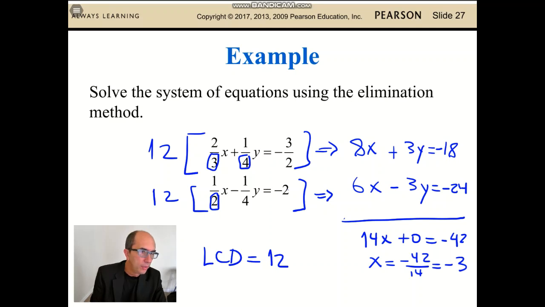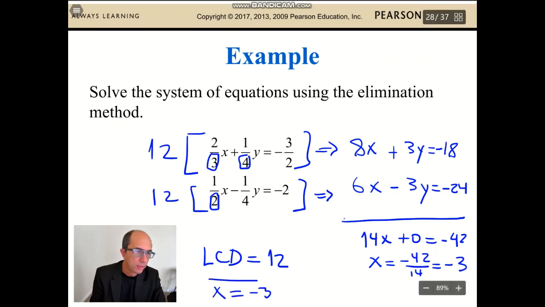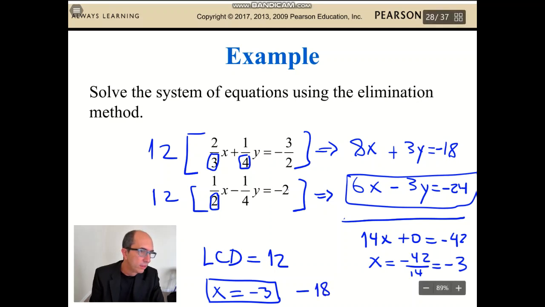And now you can plug in this value that you found, x equals -3, into any of the equations, first one or second one. Let's plug into the second. 6 times -3, -18, minus 3y equals -24.